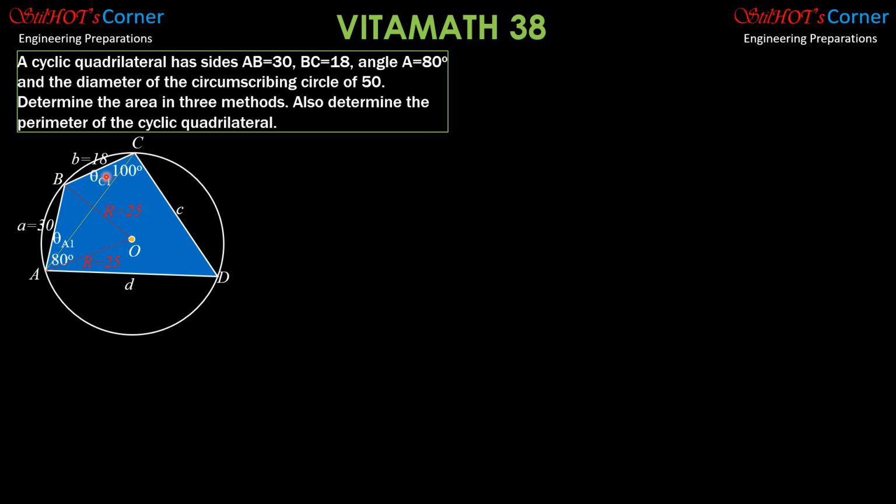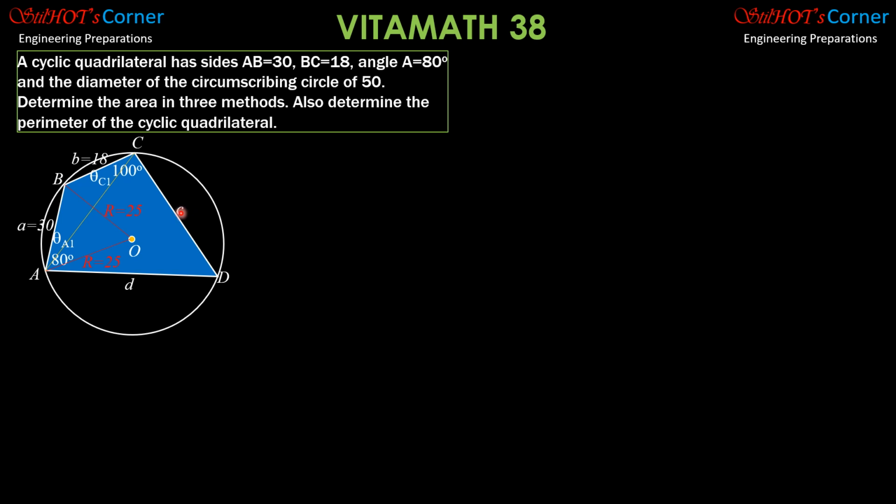Likewise, if I call this theta C1, the angle between this side BC and this diagonal AC, then the ratio of 30 and sine of theta C1 is equal to 2r. So we can compute theta A1 and theta C1. From there, we can compute this angle here, which is 80 degrees minus theta A1. And again, triangle ACD is inscribed in a circle.